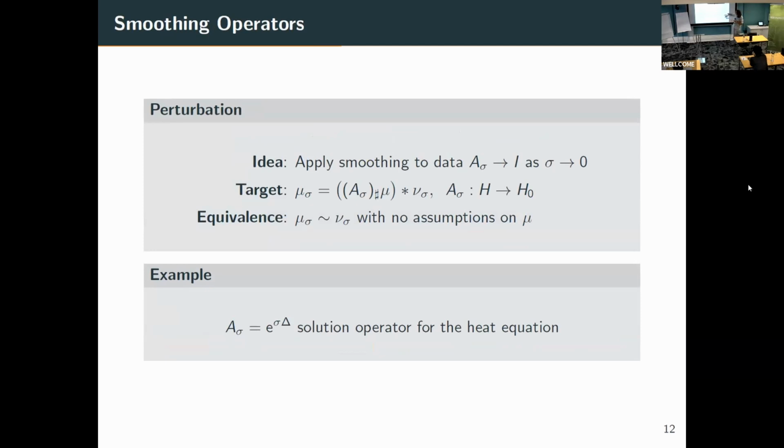If I take some smoothing operator and apply it to my data before I perturb it, and it's smoothing enough, and it also has the sigma parameter and goes to the identity as sigma goes to 0, then I'll get this equivalence without any assumptions. But maybe this is almost besides the point.